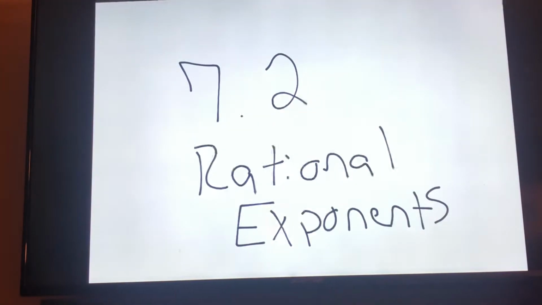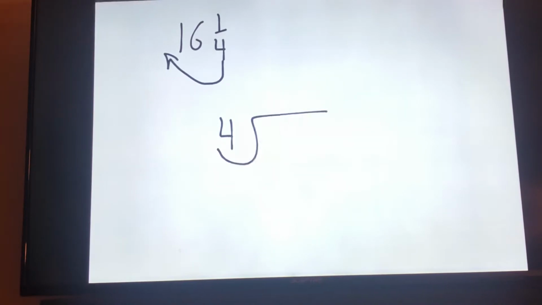So if you would look at example 1, it tells us that we're going to evaluate each exponential expression. For number 1, it gives us 16 to the 1/4. When it tells us to evaluate, this is our new index, the 4 here. So if you remember the 4 from last time, we're going to bring the 4 out, and 16 goes inside the radical.